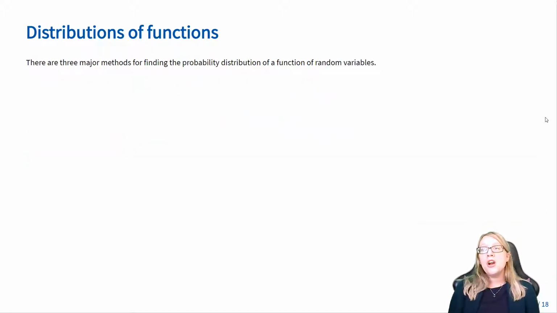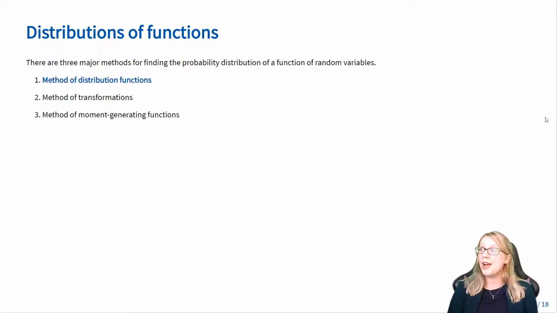So there are three major methods that we can use to help us find the probability distribution of some function of random variables. Maybe we know the distribution of y, but we'd like to find the distribution of y squared, or the natural log of y.